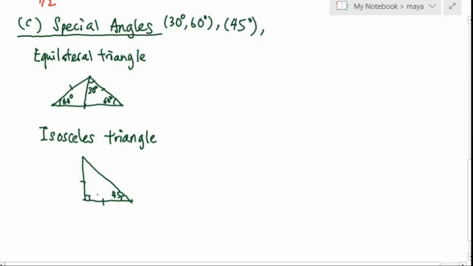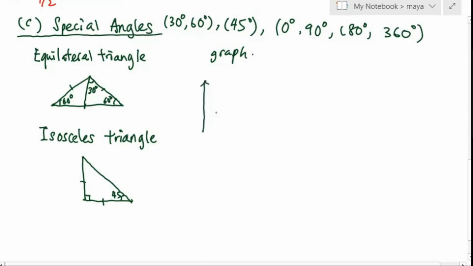Okay. Then another special one, you can refer to your graph which you from Form 5 already done. You can see what happened to 0, 90 degree, 180 degree, and 360 degree for sine, cos, tangent. So for sine graph, recall back your SPM.